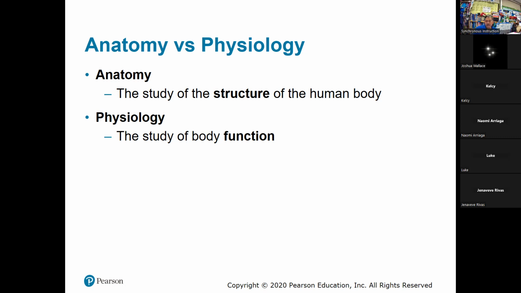In anatomy, we emphasize the structure. So there's a lot of memorization in an anatomy course. In physiology, there is more of a reliance on explaining how that structure works. So function is important in the physiology class and takes precedence over anatomy.